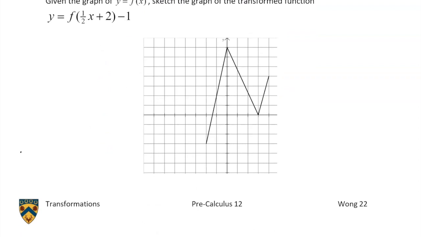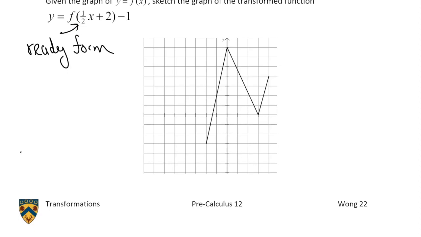Now, one thing you're going to hear me talk about a lot today is something called ready form. And that's just saying if our transformations aren't in ready form. So for instance, if we need to do some algebra to get y isolated, or in this case, if we have a 1/2 right here, we need to make sure that we factor that out so that it represents what is really happening within the bracket right there.